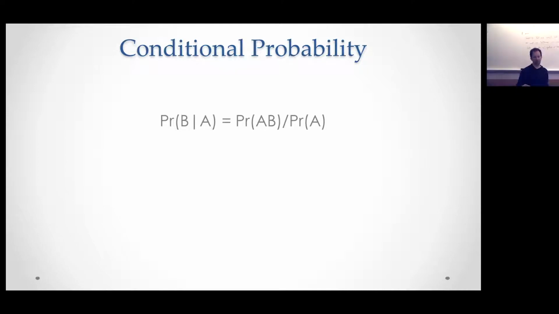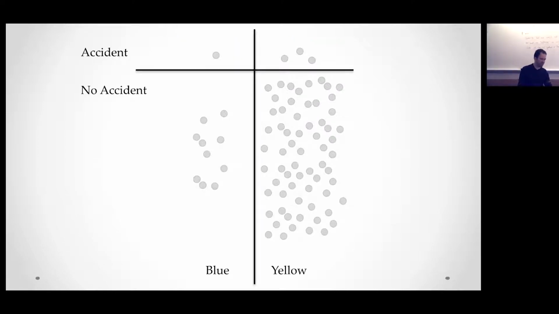You'll see these diagrams in a second. So here's the classic example. Let's say there are yellow and blue taxis in a city, and some of them have accidents, and we're trying to ask which cab company is safer. Now, it should be obvious to you that if you just count the number of accidents, you're going to say, well, the yellow company has more accidents.